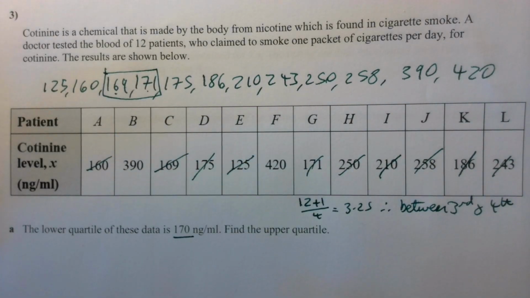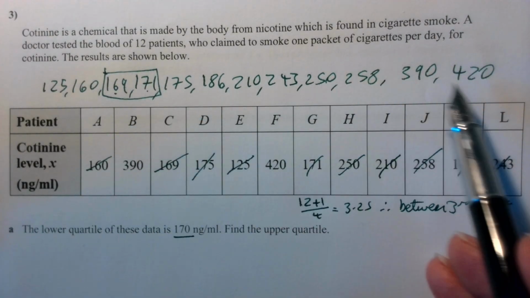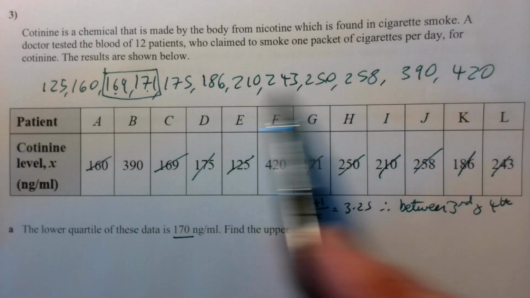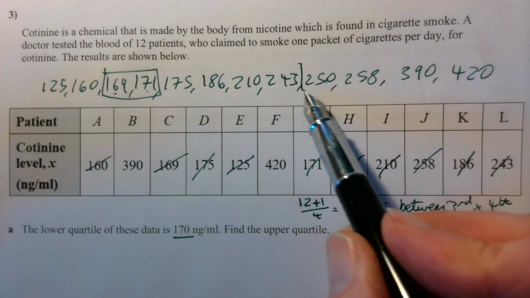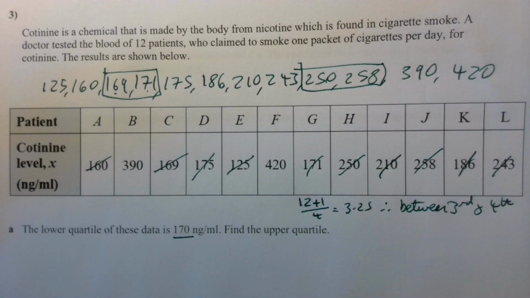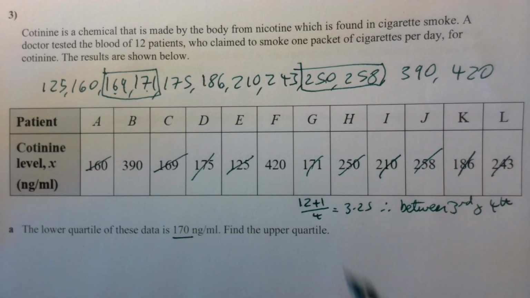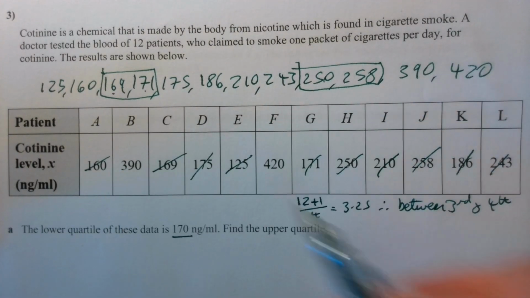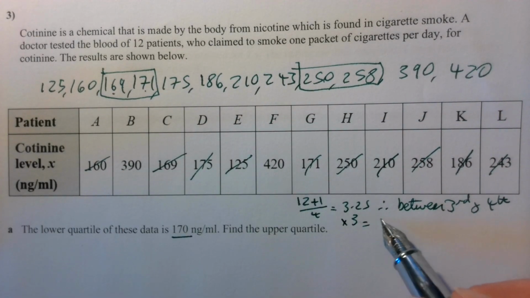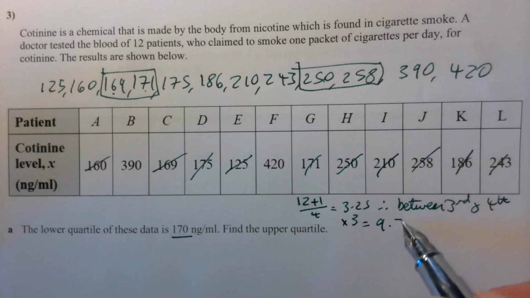Now the upper quartile is going to be the same distance from the end up here. So I've got 2 results on the end, I'm going to have 2 results on the end, and then you've got those 2 in the middle. So I know it's going to be that. But also you can do it by 3, because that's 1 quarter, 3 quarters of that would be 9.75.